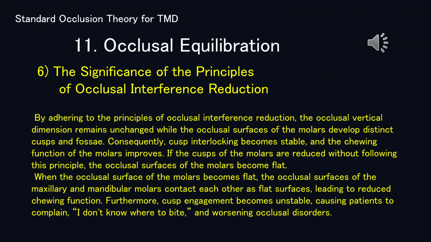If the cusps of the molars are reduced without following this principle, the occlusal surfaces of the molars become flat. When the occlusal surface of the molars becomes flat, the occlusal surfaces of the maxillary and mandibular molars contact each other as flat surfaces, leading to reduced chewing function. Furthermore, cusp engagement becomes unstable, causing patients to complain, "I don't know where to bite," and worsening occlusal disorders.